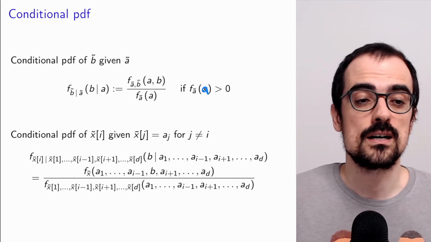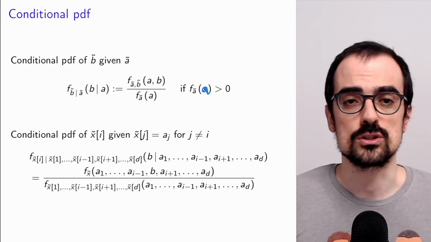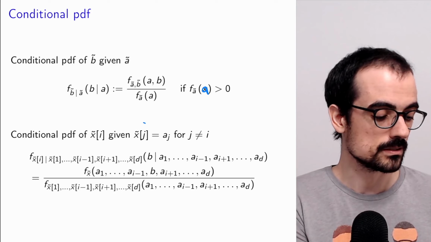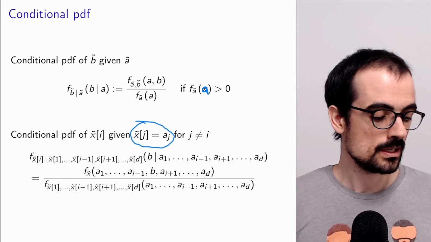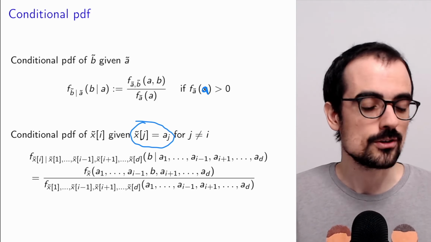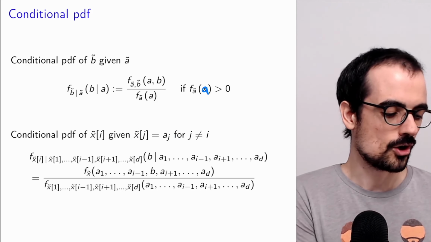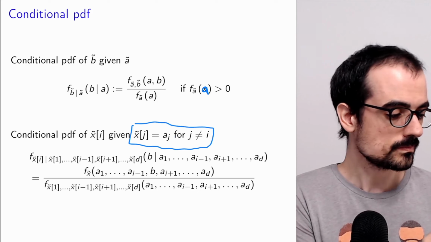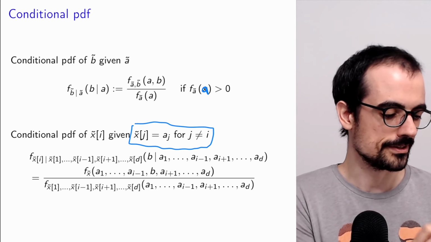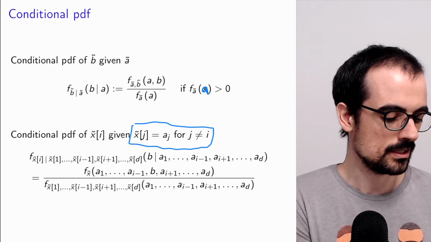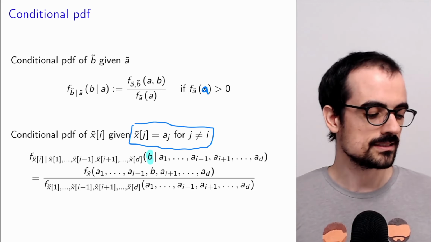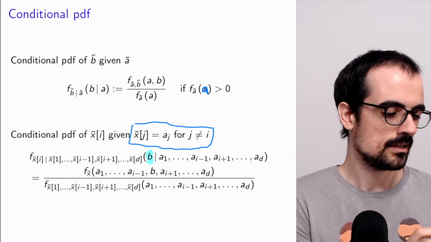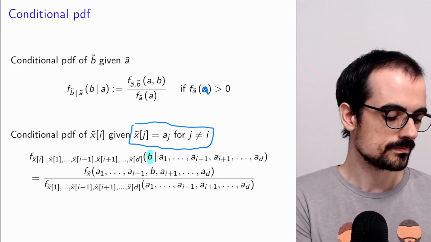When we have a d-dimensional random vector and we want to condition on all of the values except one having a certain value, what do we do? Well, let me color this to make it hopefully a little bit clearer. So we want the probability that the ith entry is equal to b, given that all the other entries have these values.